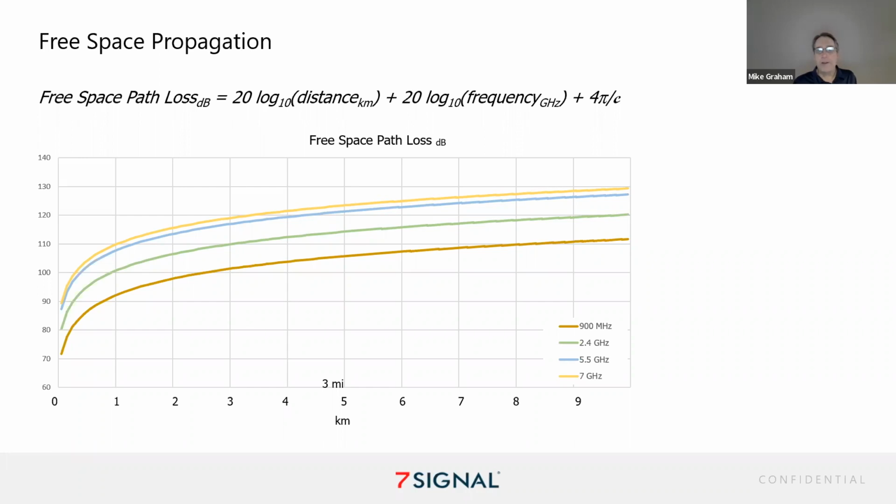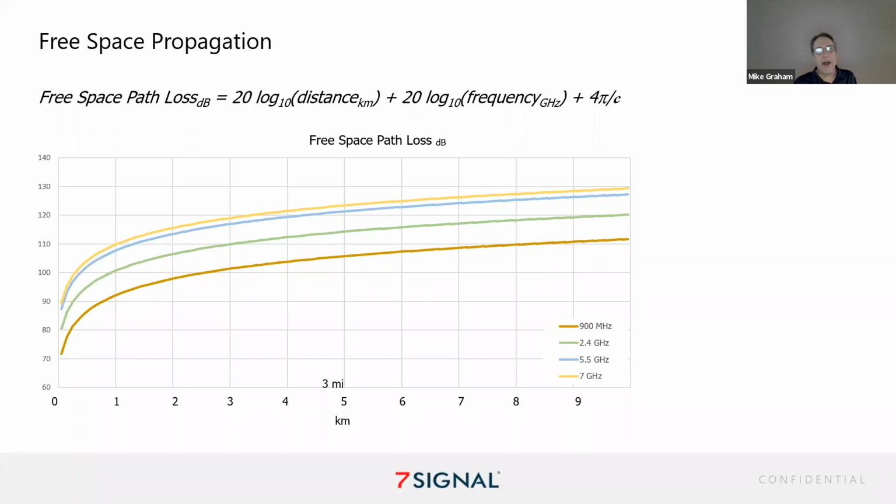We mentioned on a previous webinar that in free space there wasn't a huge amount of difference between the bands. So I plotted that 0 to 10 kilometers free space loss for 900 through 7 gigahertz, 7 gigahertz being kind of near the top of the 6E band, nice round number.